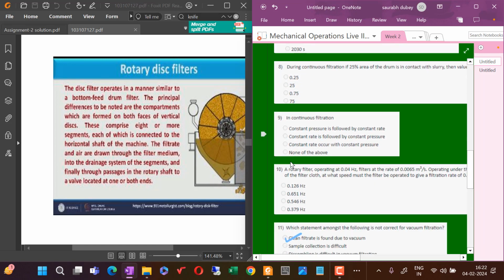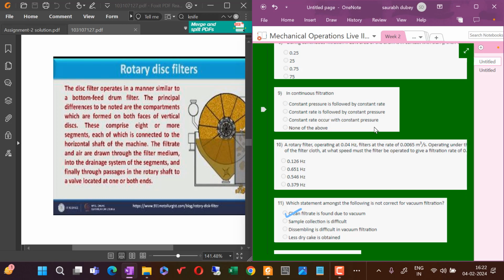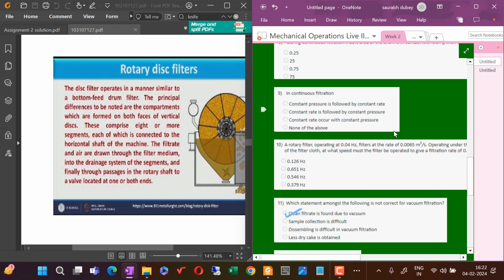In continuous filtration, is constant pressure followed by constant rate, constant rate followed by constant pressure, or does constant rate occur with constant pressure?